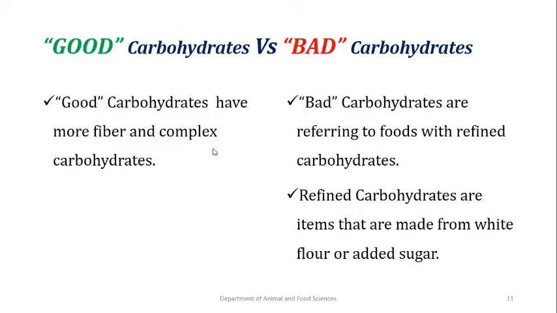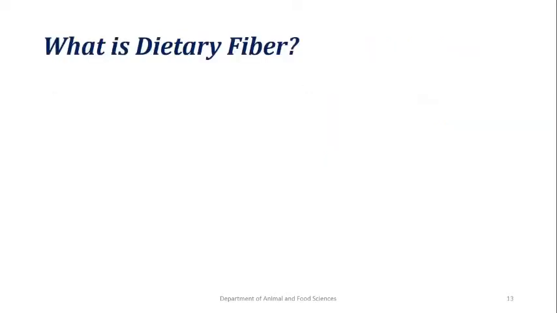This is again a basic thing. Dietary fiber, as I mentioned, is a type of complex carbohydrate. Most dietary fiber things are carbohydrates, and apart from carbohydrates there are other things also, but this is a kind of concept, dietary fiber.